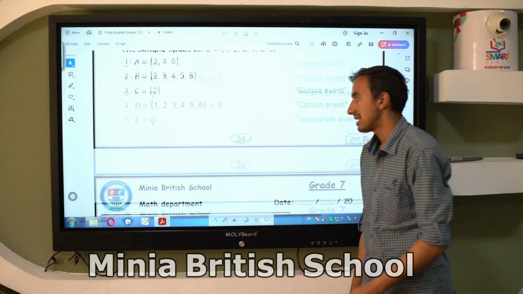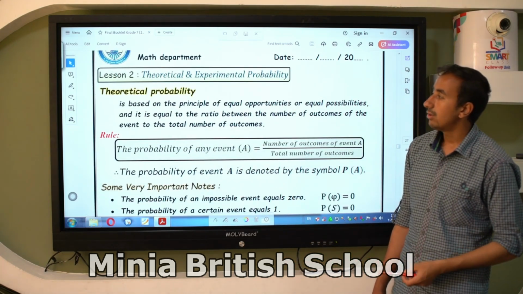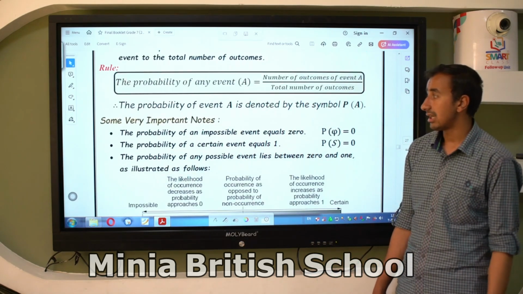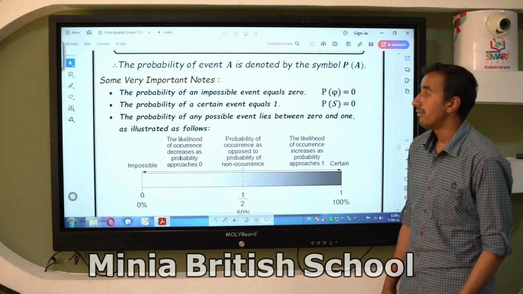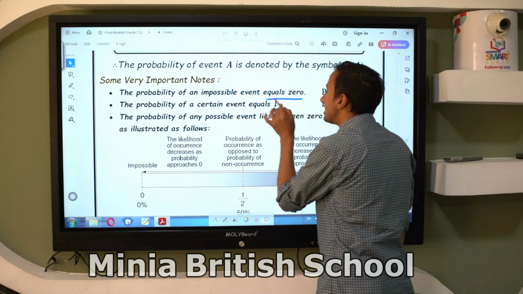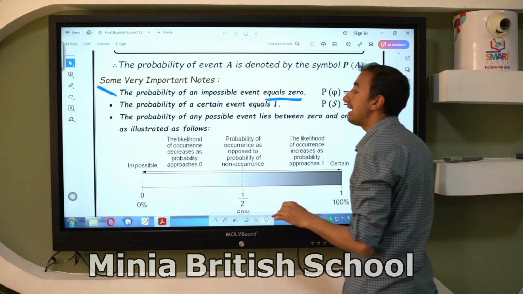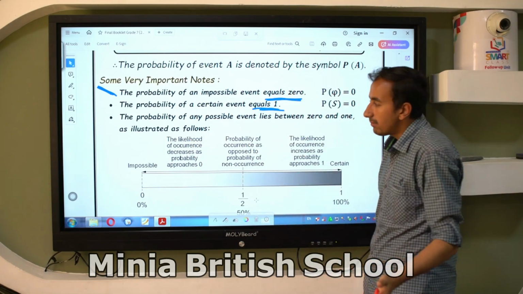That's our second lesson: theoretical and experimental probability. Important notes: the probability of an impossible event is 0. The probability of a certain event is 1, since any number over the same number is 1.